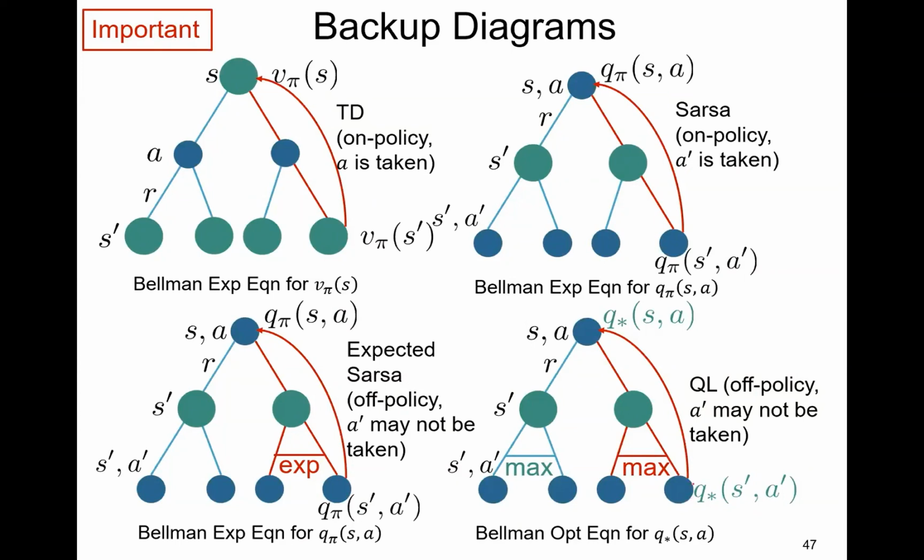For Q-learning, the backup is based on the max Q S prime A prime. But the action taken by the behavior policy may not go to that Q node used for backup. So you may go to another action, A double prime, not the A prime used for backing up the update.